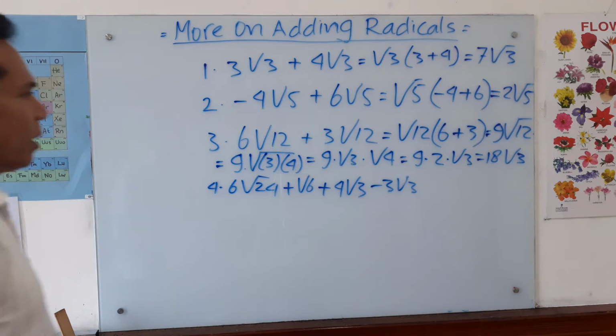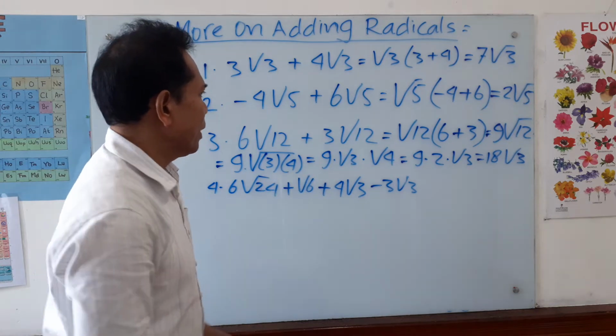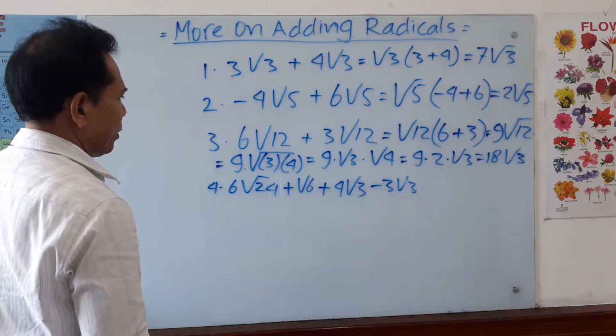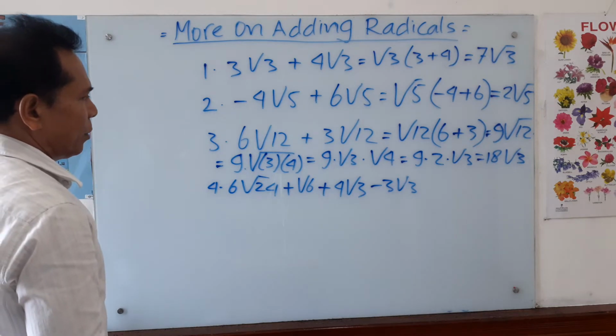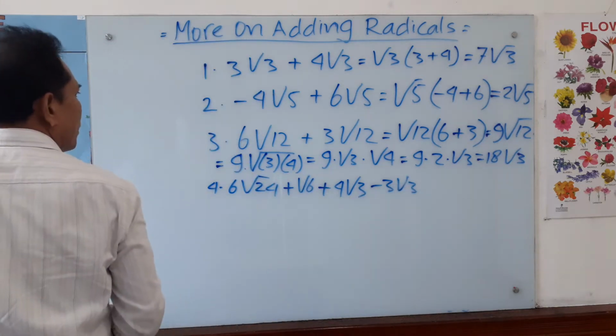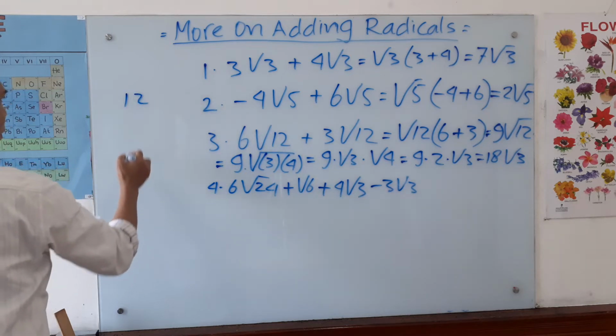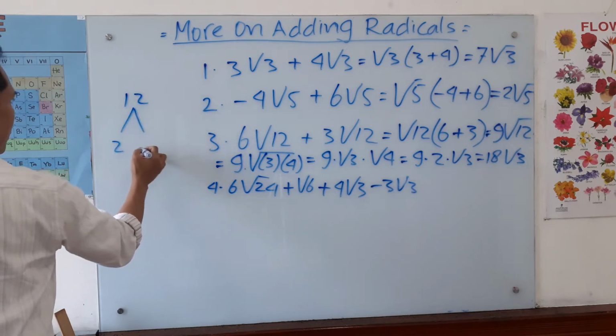Okay, children, I think we need to test this. Square root 12. We get the same or not. 2 square root 3. Yeah. We use factor 3. This is 6.